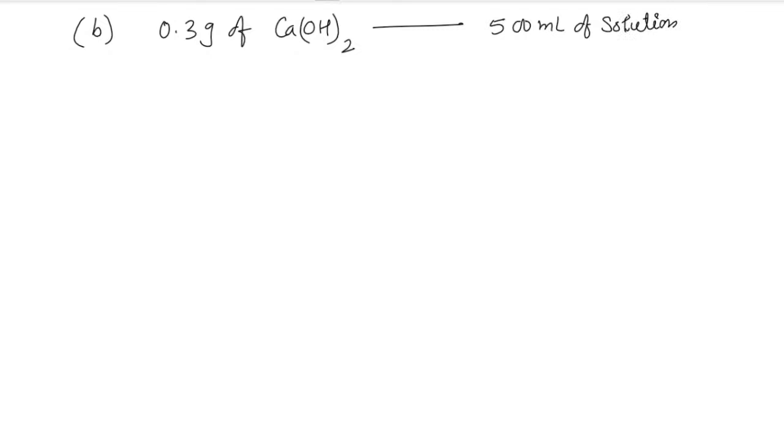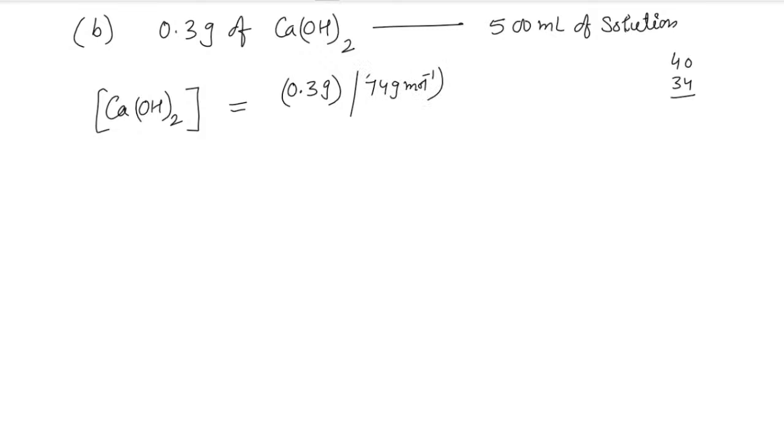So first of all, we have to calculate the concentration of calcium hydroxide. What is the mass of calcium hydroxide? It is 0.3 gram. And what is the molar mass of calcium hydroxide? Calcium is 40 and 17 into 2, 34, means 74. So the molecular mass of calcium hydroxide is 74.